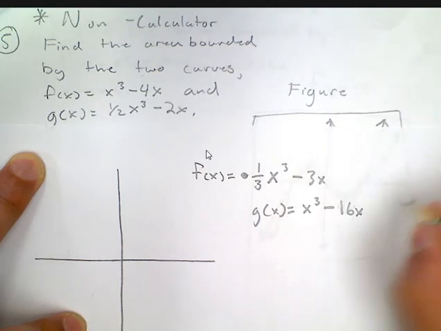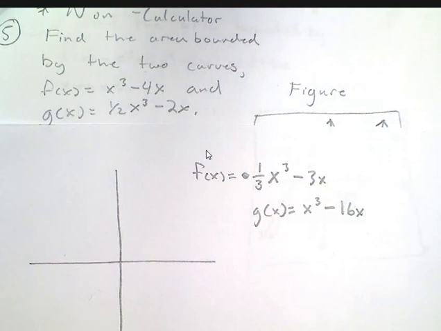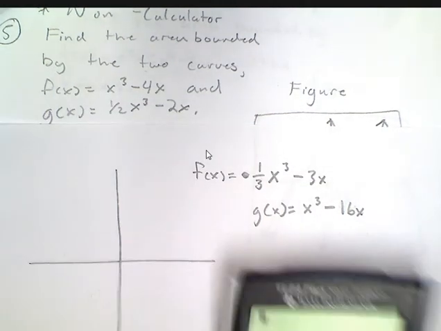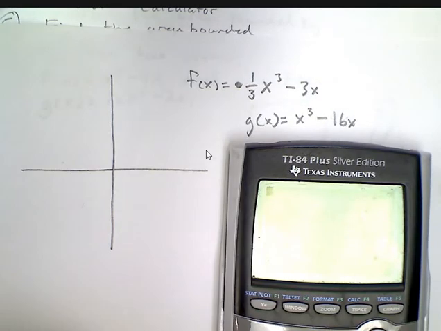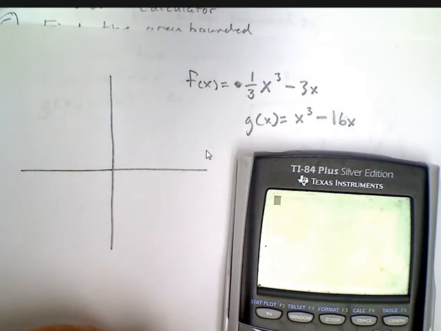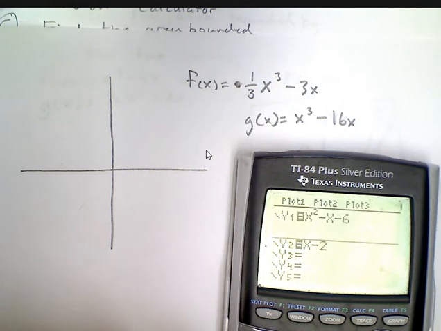I don't know where this is going to go, but let's get our calculator out. Unless this is non-calculator, but you've got to have some sort of a sketch, and you'll be provided a sketch. So 1 divided by 3, oh, sorry, clear.